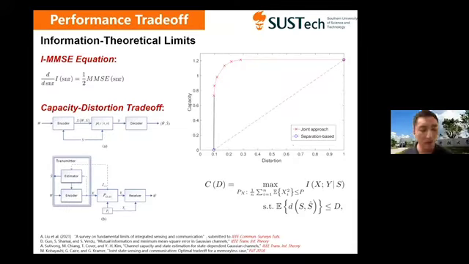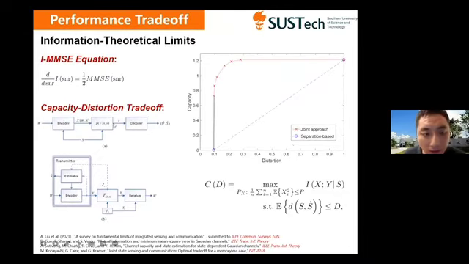This can also be verified by the fact that a Gaussian input maximizes the mutual information, but it also maximizes the MSE. Essentially, Gaussian inputs can be the most favorable for information theory, but the least favorable from the estimation perspective. So this is the so-called I-MMSE equation.